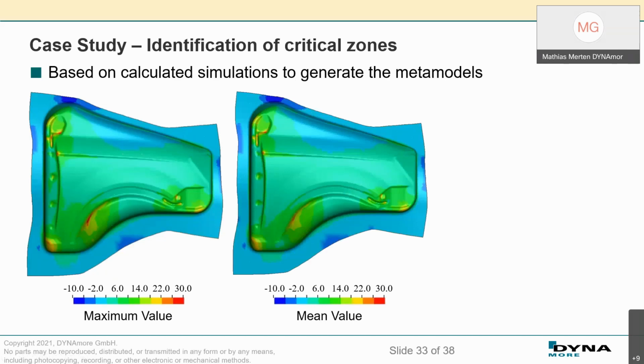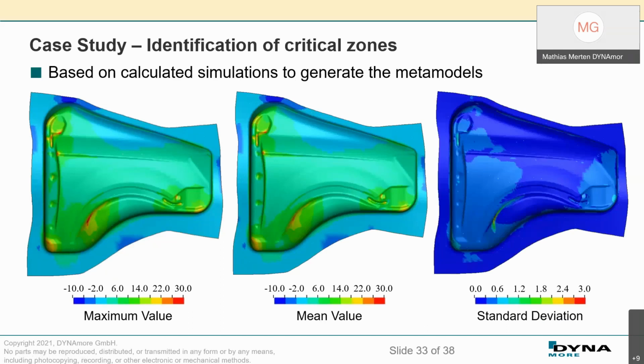The same can be done for the mean value, which is nearly the same, but of course a bit smaller. What was quite interesting and helpful for me is to see the standard deviation. Honestly, I did not expect to have the highest standard deviation of the thinning in this area. I expected this area and of course also the corners, as they are the main difficulties in forming, but not this area.